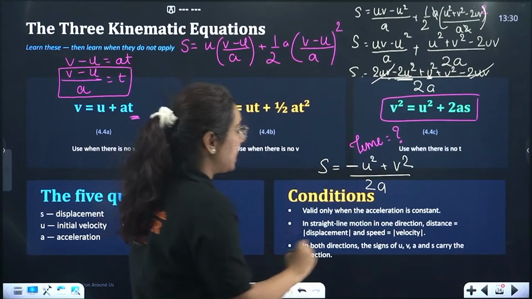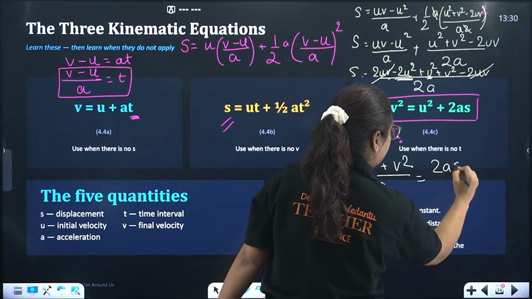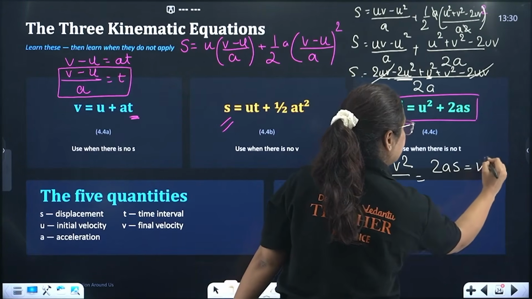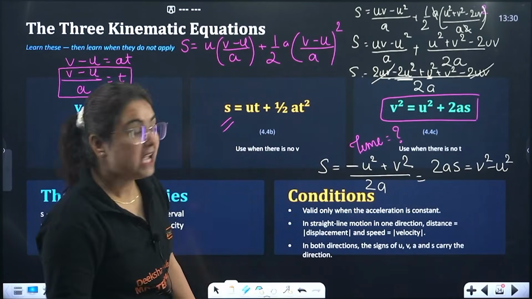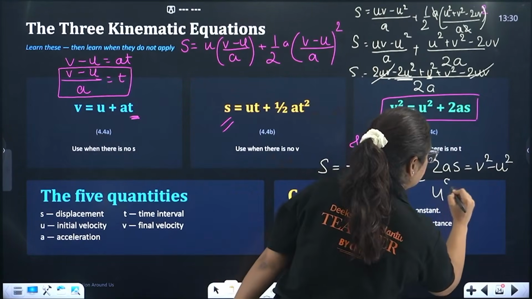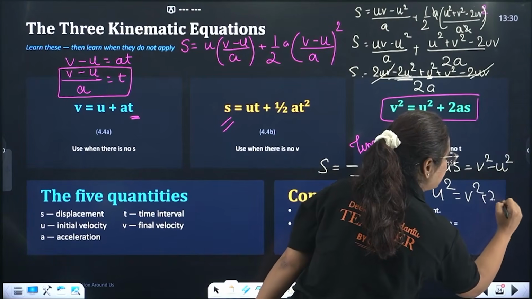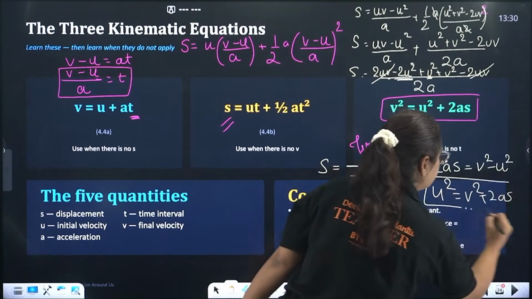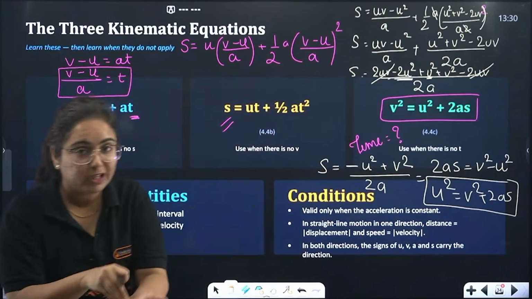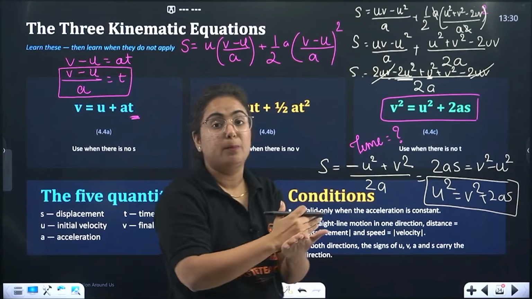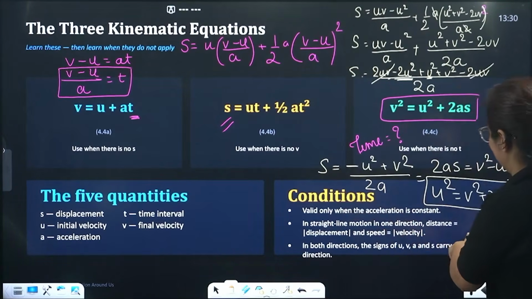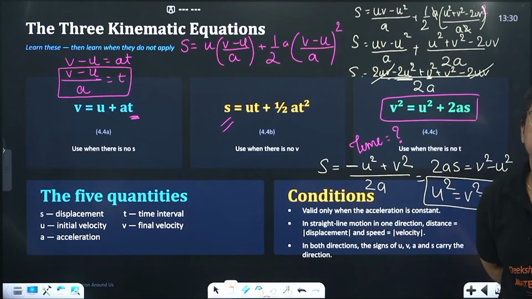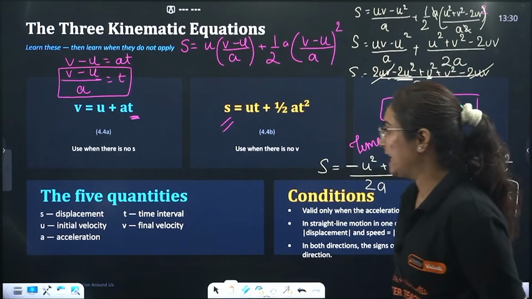Can we write it as 2AS equals V square minus U square? Yes. Hence, whenever the time is not given to you, and both the velocities, initial and final, plus the displacement are given to you, you can find the values. Any of the values when the time is not given.